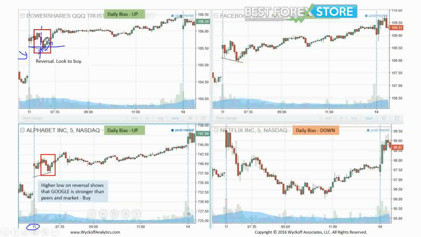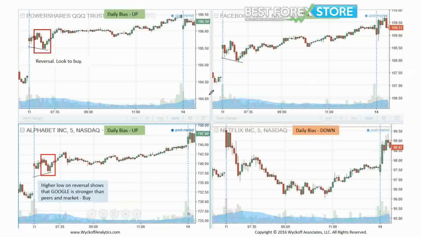So once this is happening in this area, we have the daily bias up, and we want to see if it comes back to the trading range of the first 30 minutes. We want to see what stocks are going to be much stronger than the market.